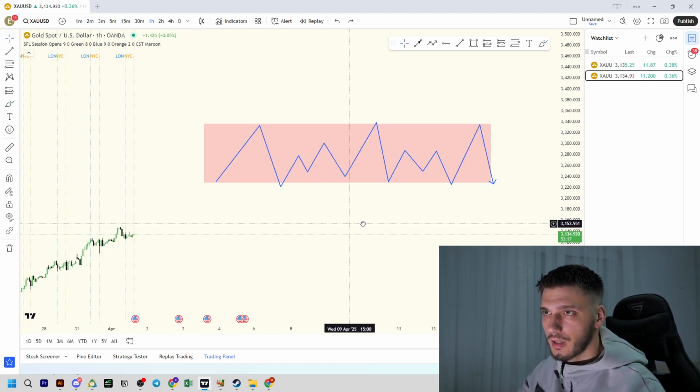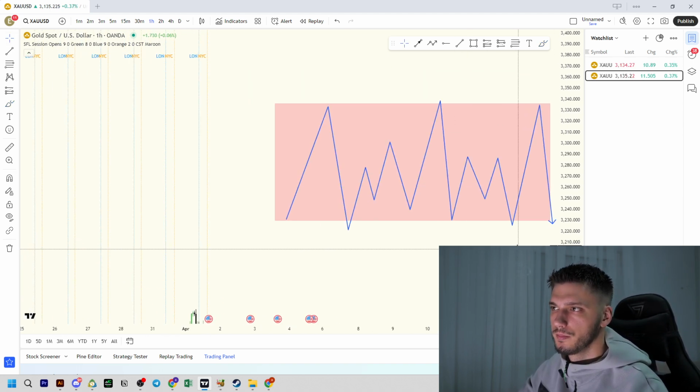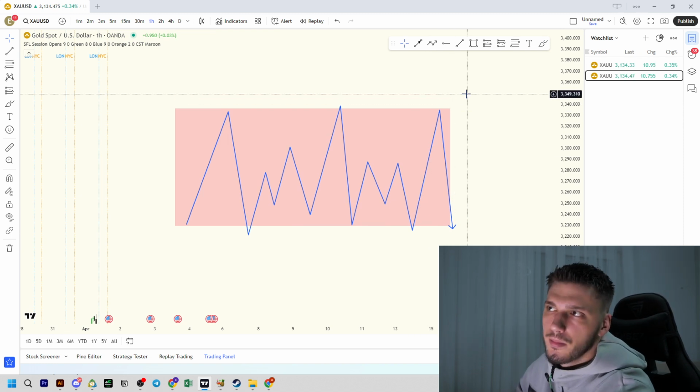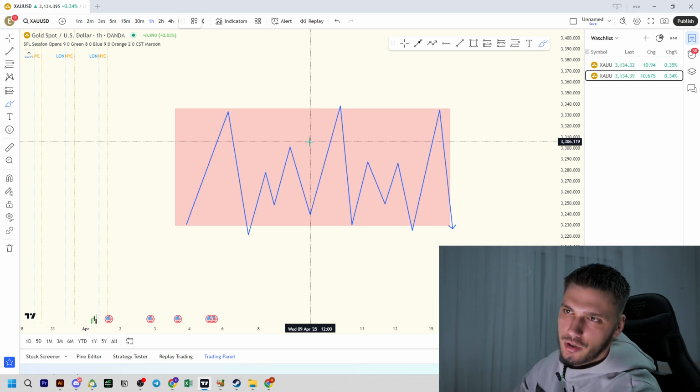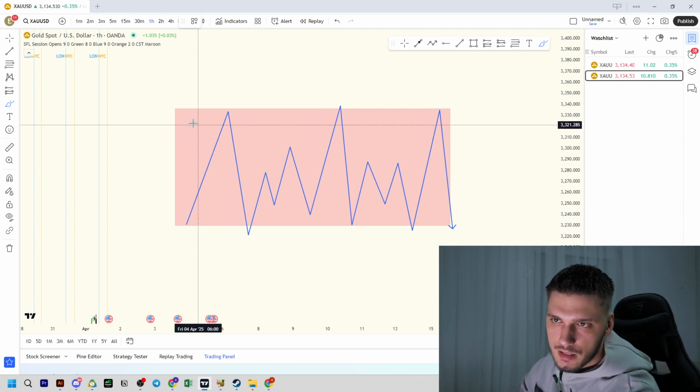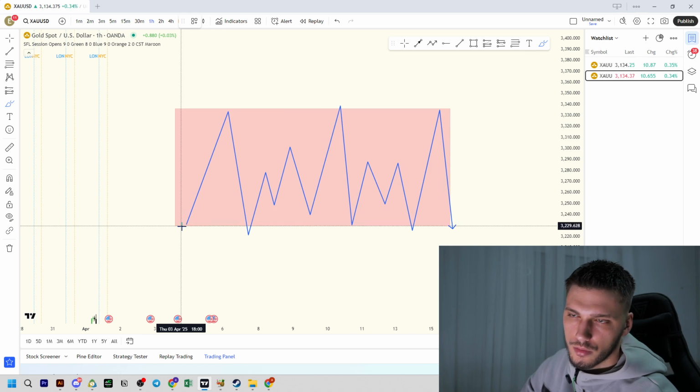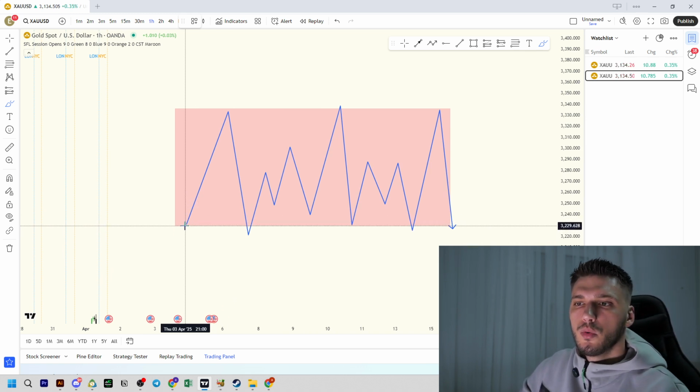Now, how do we mark out highs and lows here? The same exact way we would mark out the highs and lows on an uptrend and a downtrend. Let's do this together. Let's see the first move. Always start from the beginning of the move. What is this?